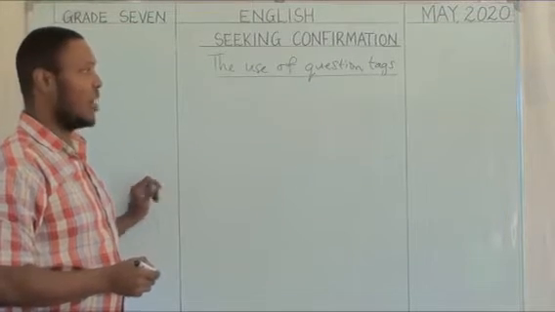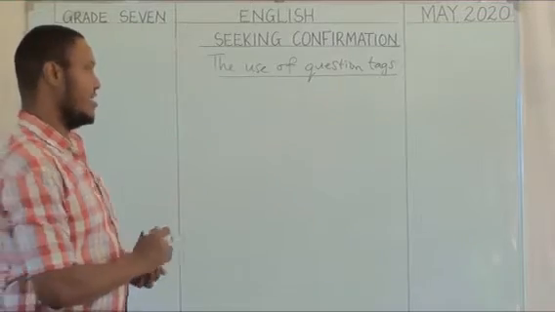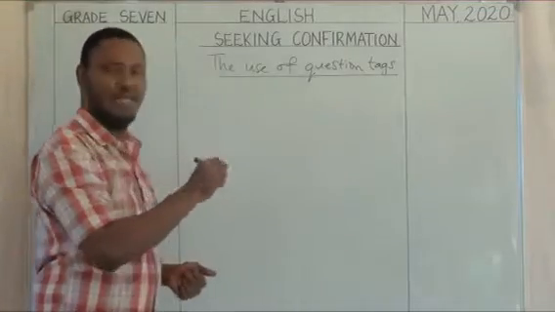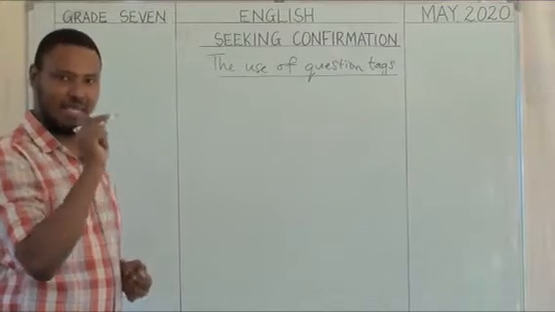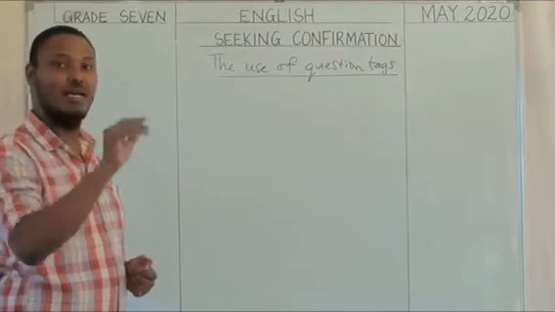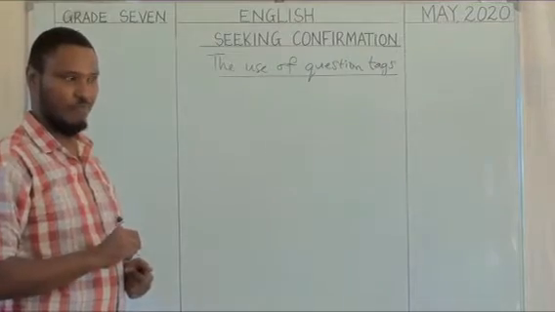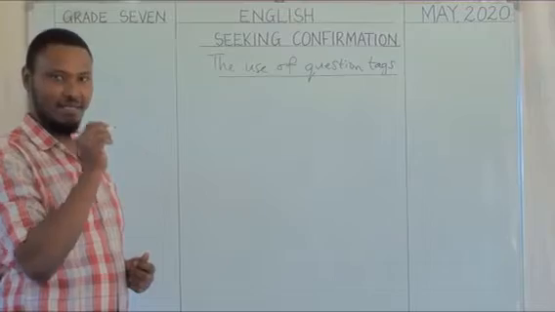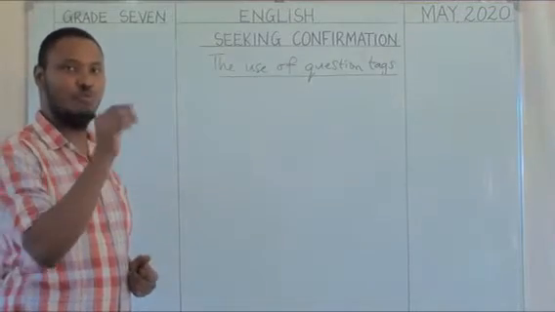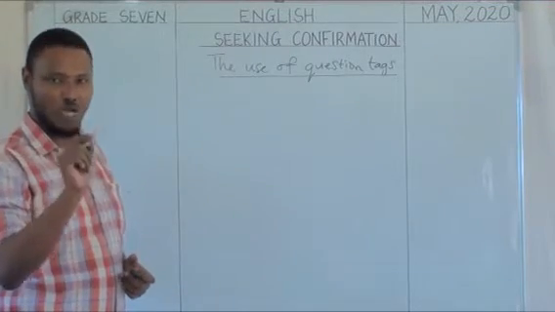Simply speaking, a question tag is something that is added at the end of a telling sentence, to make that sentence a question. It is not added at the end of a question, it's added at the end of a sentence that tells something to make that sentence a question.